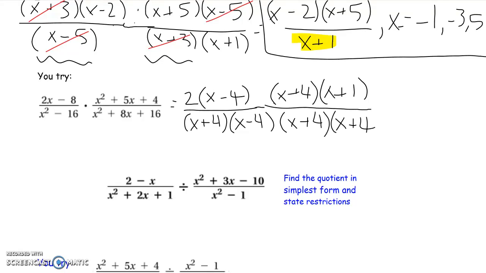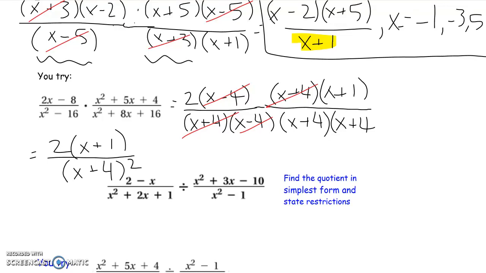When we cancel like factors, you can cancel x minus 4 and x plus 4. In the numerator, we are left with 2 times x plus 1. And in the denominator, we have two factors of x plus 4, which is x plus 4 squared. The restrictions on our domain are -4 and 4.